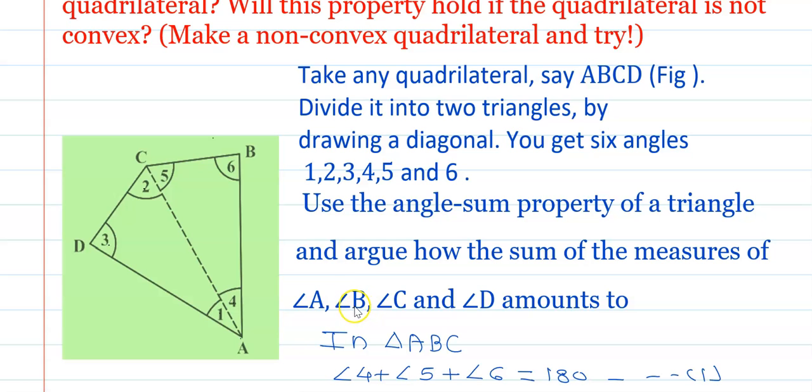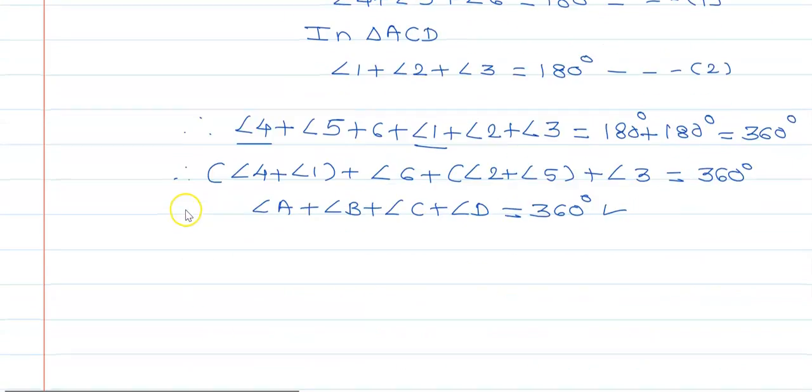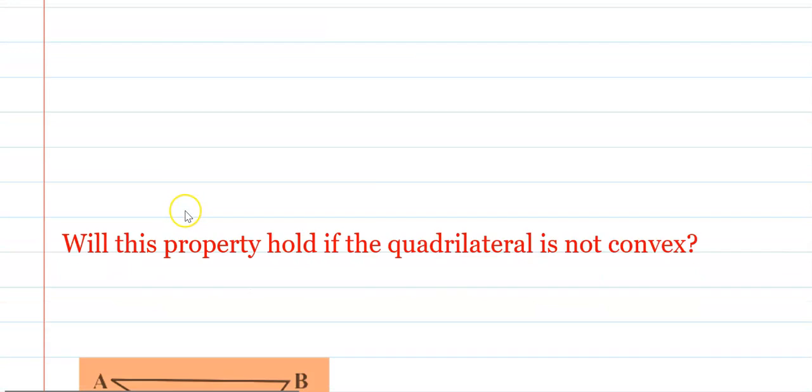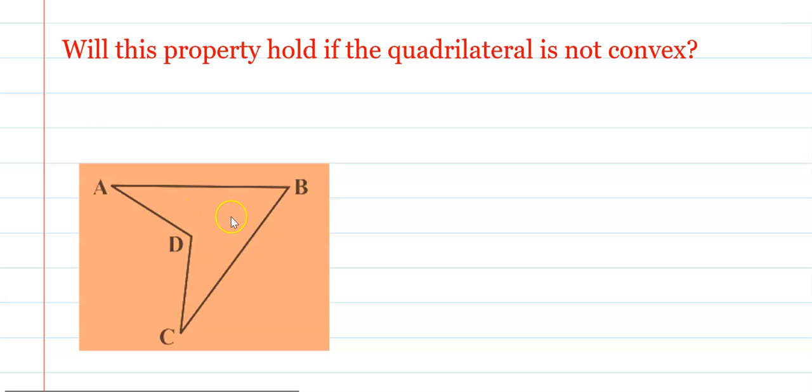Now the next, what is that? Will this property hold if the quadrilateral is not convex? Now see this here, the non-convex figure. We can join this diagonal BD.